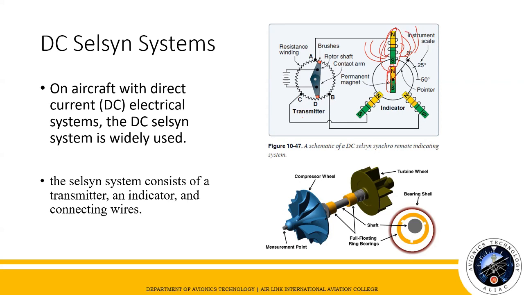So, kaya nagro-rotate yan. Kaya example, makikita nyo dito, 0, 25, yan, 50. So, example lang yan sa instrument scale. Kaya whenever the magnetic field changes, the permanent magnet and the pointer realign with the new direction of the field. So, the position of the aircraft device is indicated.